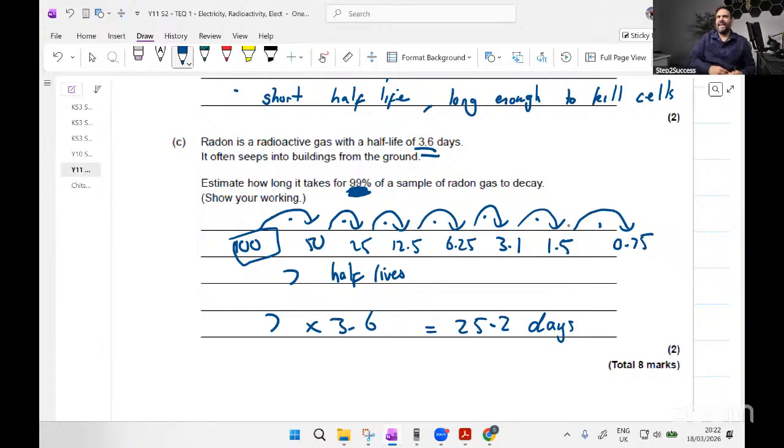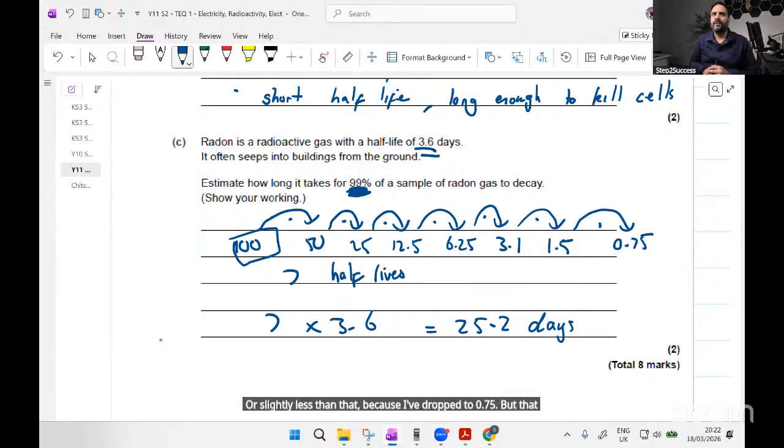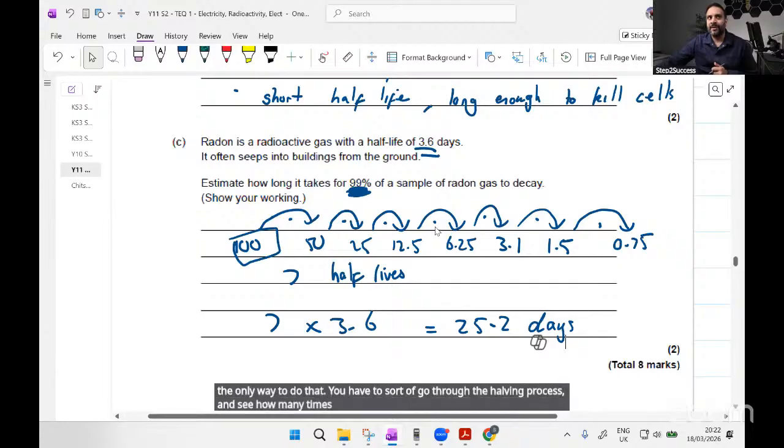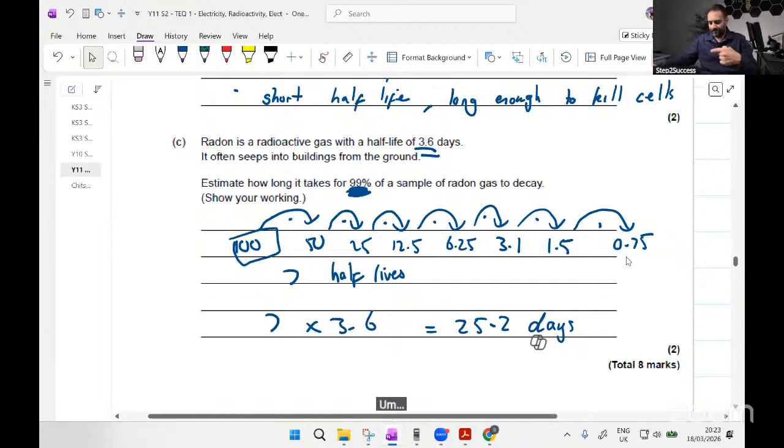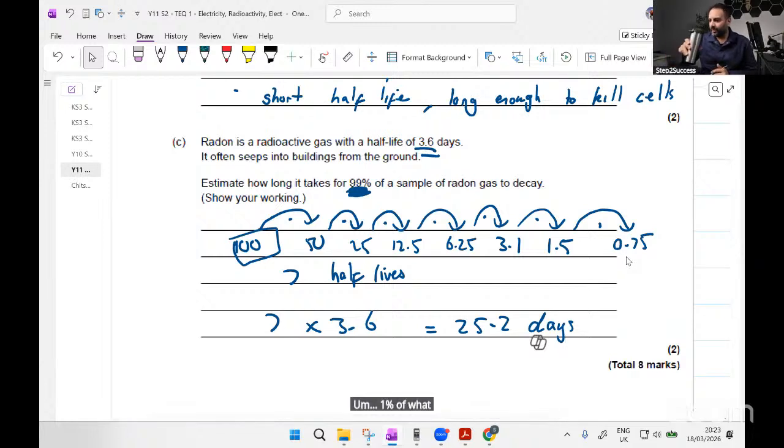Or slightly less than that, because I've dropped to 0.75. But that would be the only way to do that. You have to go through the halving process and see how many times you have to halve this number until it is 1% of what it started with.